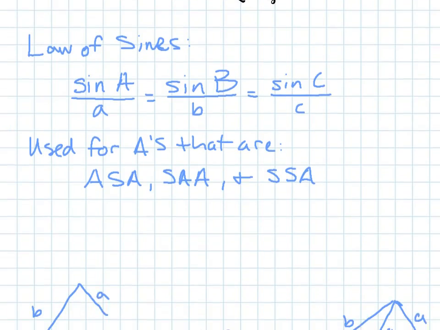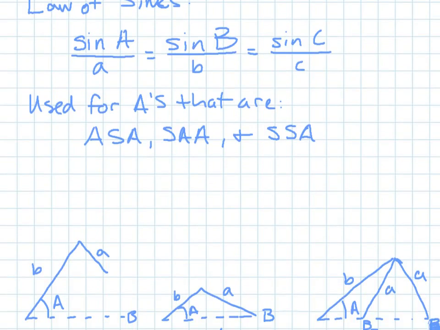Now, two of these, ASA and SAA, only give you one solution, so you don't have to worry about anything other than using the proportion. The one that's tricky is the SSA, which is an ambiguous case.